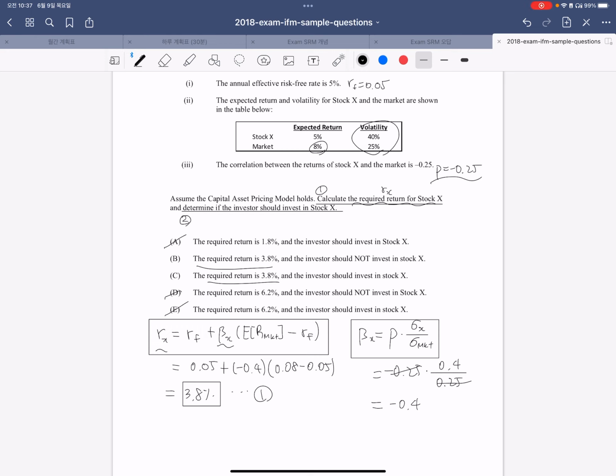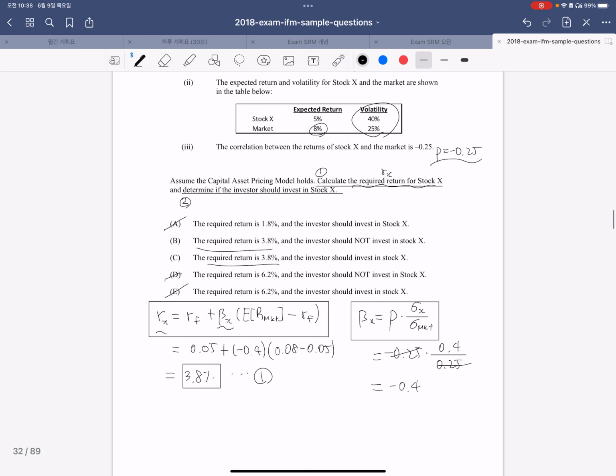So we need to know the definition of expected return and required return. Required return is the return that an investor requires to make an investment in an asset. So basically, if the expected return of an asset does not exceed the required rate of return, the investor will not invest.